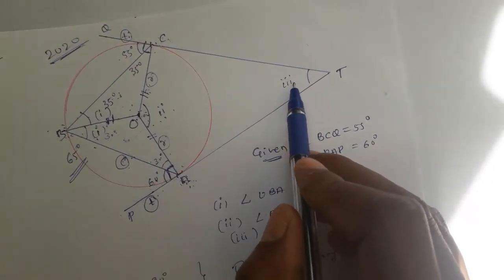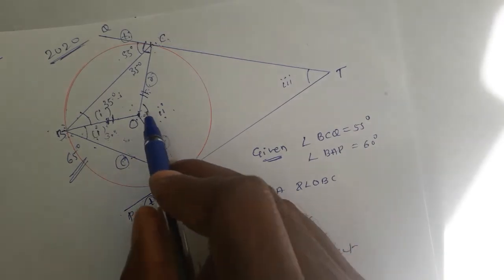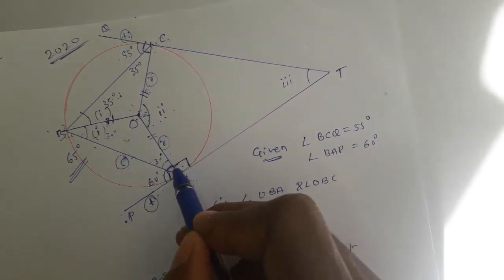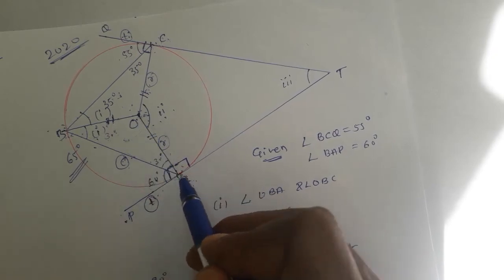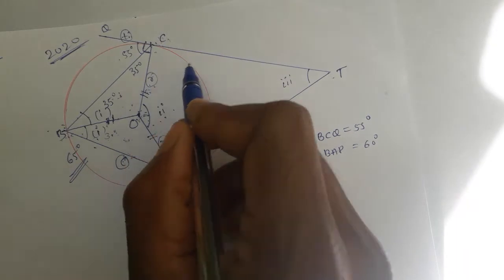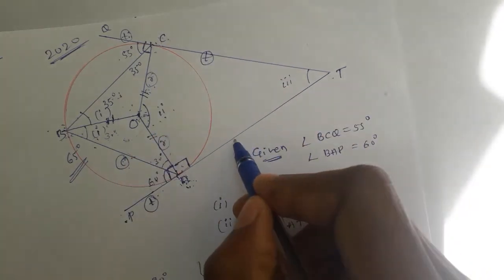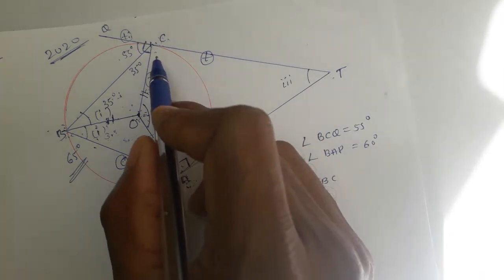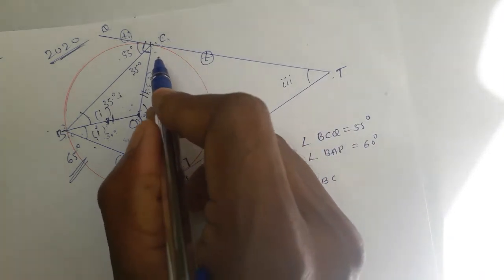Here, third one. How to get it? This side 90 degree, even this side also 90 degree, because AP radius, AT tangent, OC radius, so radius, this is tangent, this is also tangent. Radius and tangent between 90 degree, even here also radius and tangent between 90 degree.